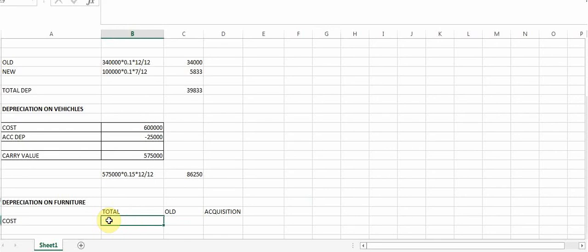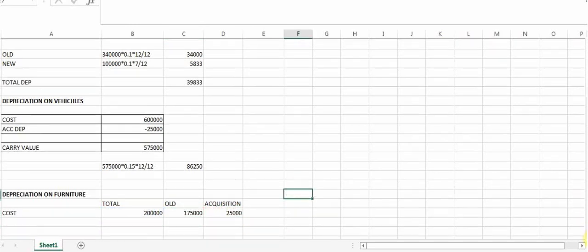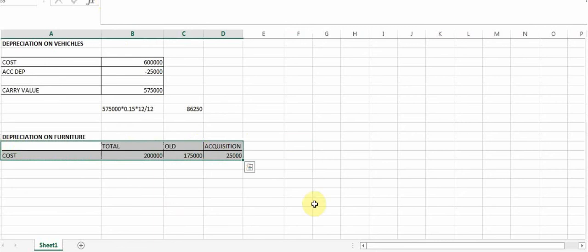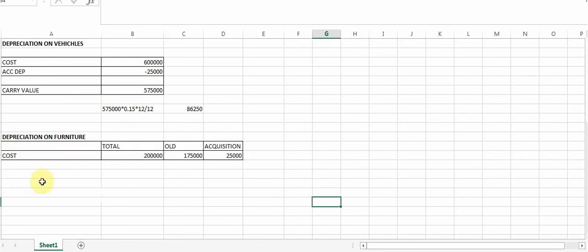The total that they provide me with for furniture in the question is 200,000, and you will find that they tell you the cost of the acquisition was, according to note number 2, 25,000. So definitely the old should be the difference between the total and the acquisition, and that means I have calculated the costs that I need to do my calculations for my depreciation.